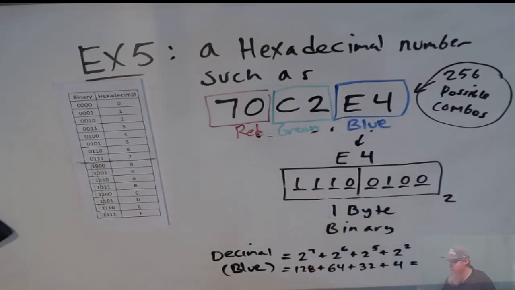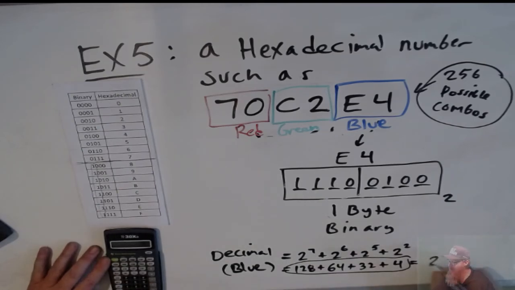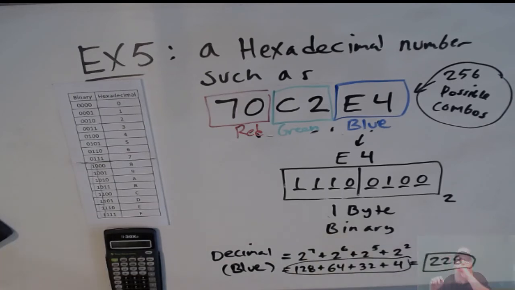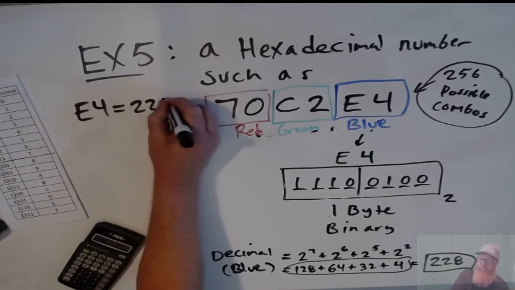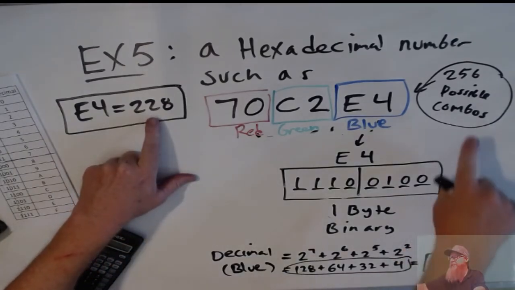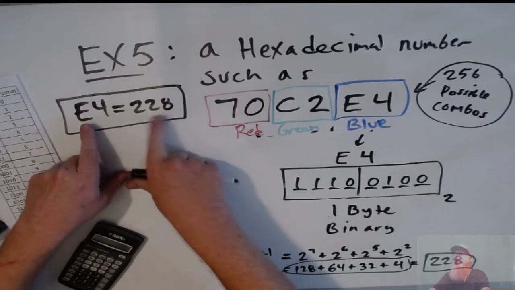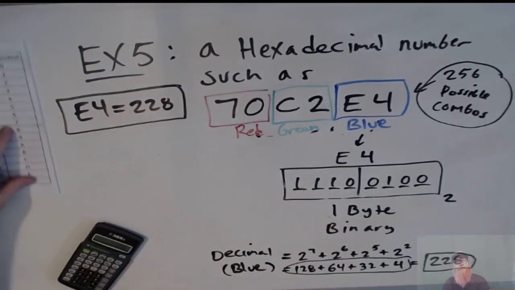We're using E4. That comes out to be, I'm going to use my calculator for this, although you don't really have to, 128 plus 64 plus 32 plus 4, 228. So that's what E4 means. Out of 256 shades of blue, E4 is the 228th shade of blue.